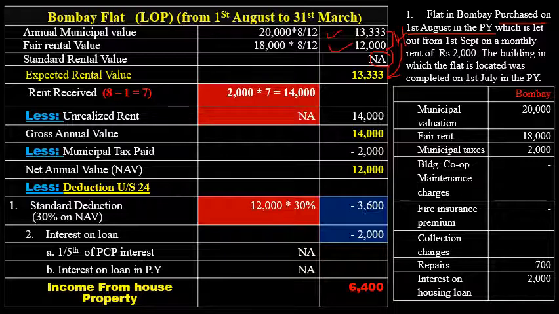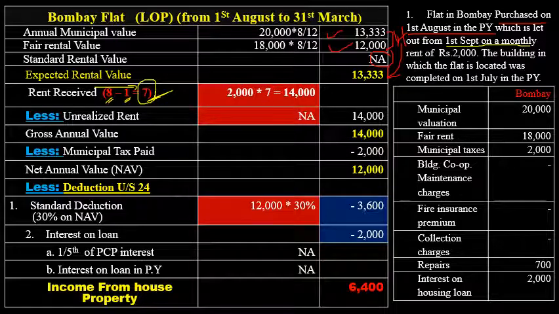Next is the rent received. Here the house was let out for 7 months. It was let out from 1st September onwards. SSE used it for 8 months... sorry, SSE used it for 1 month and 1 month is unoccupied. So total let out duration is 7 months. We have to calculate rent received only for the let out duration.